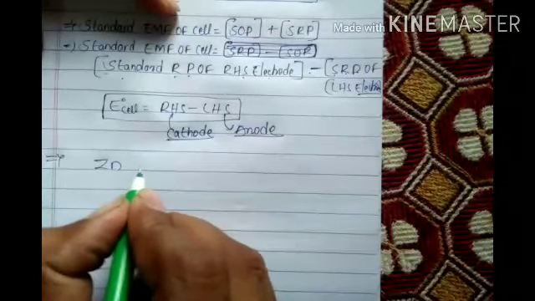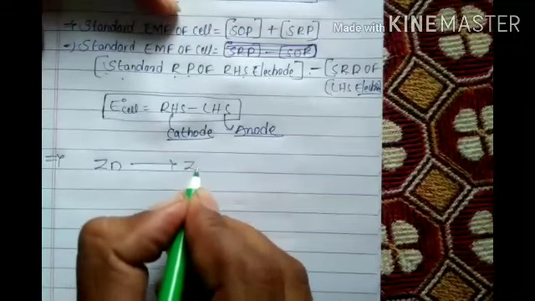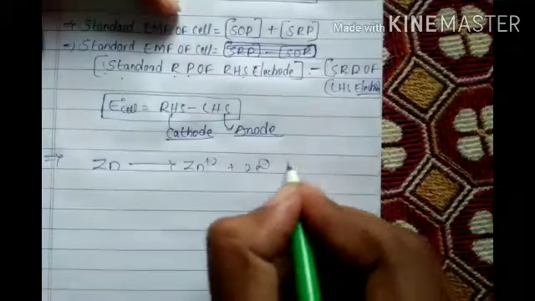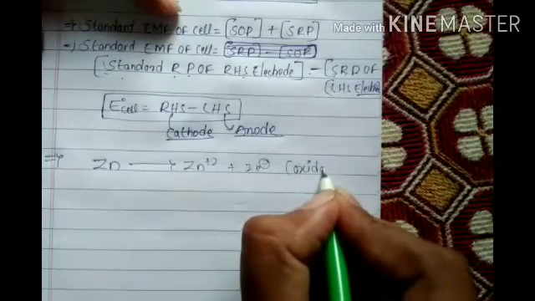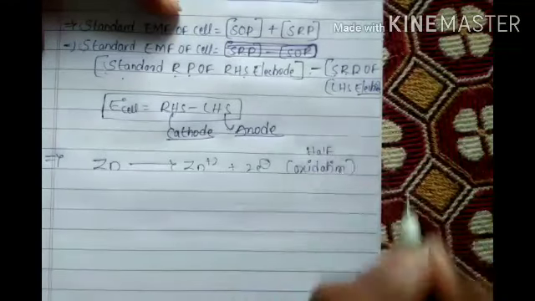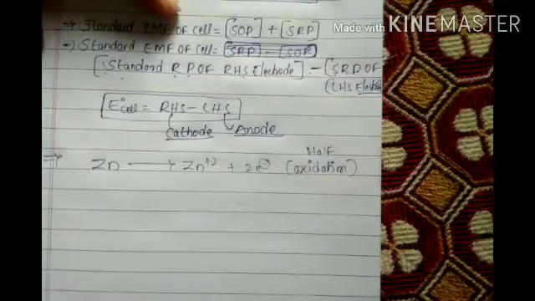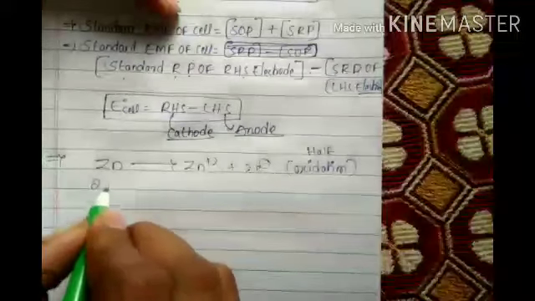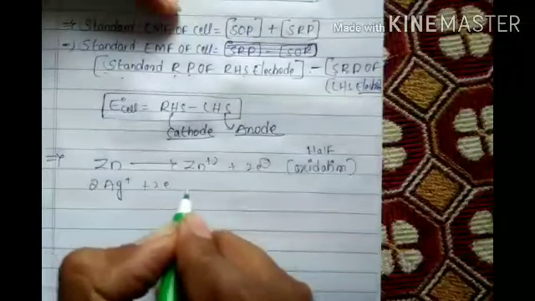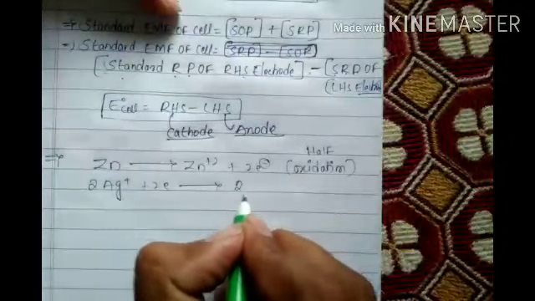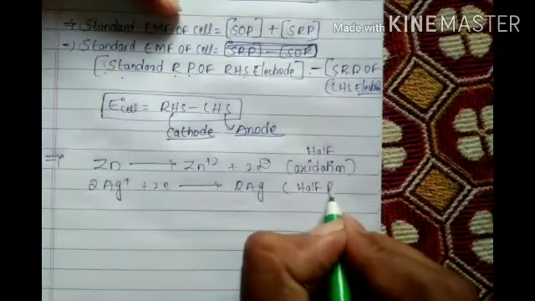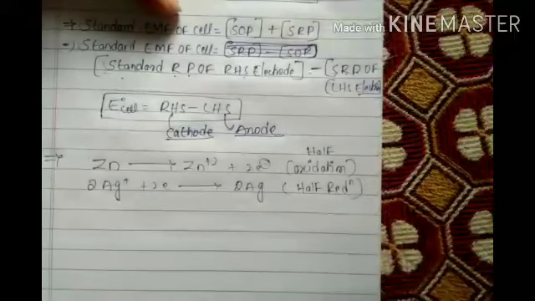Zn gives Zn2+ plus 2 electrons. Losing electrons means oxidation, the oxidation half reaction. Now 2Ag+ gaining 2 electrons gives 2Ag, the reduction half reaction.